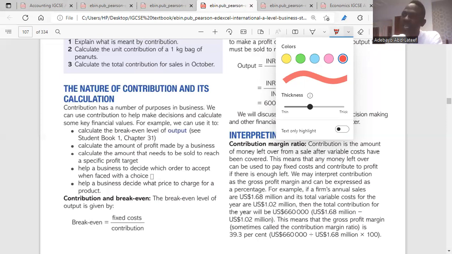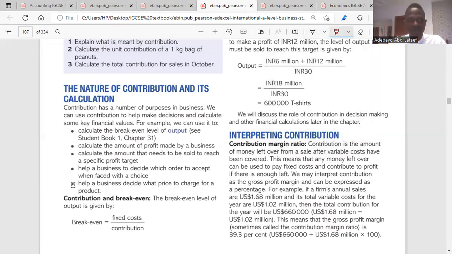So if you have a target, you have to start thinking about the price at which you'll be able to sell to exceed your variable cost. Do you understand? Because if you cannot exceed your variable cost, then you cannot make profit. First, you have to cover your variable cost. What is left is your contribution.